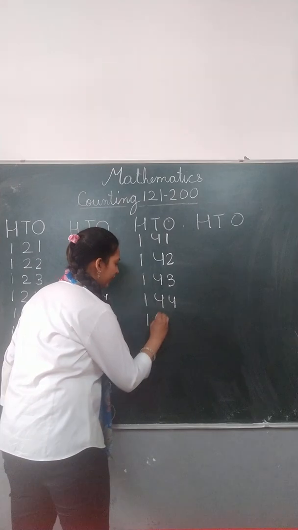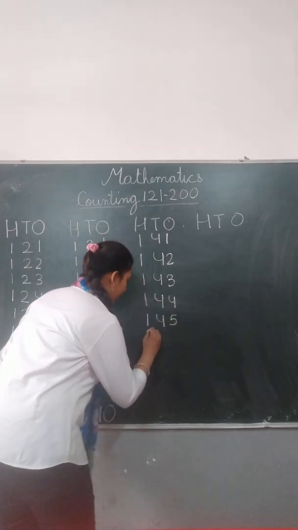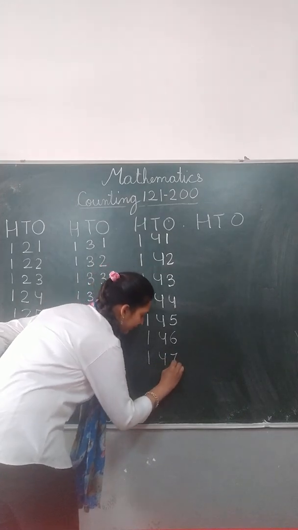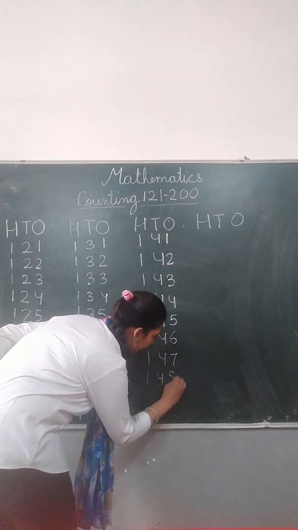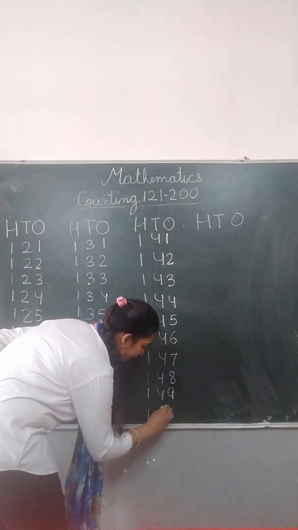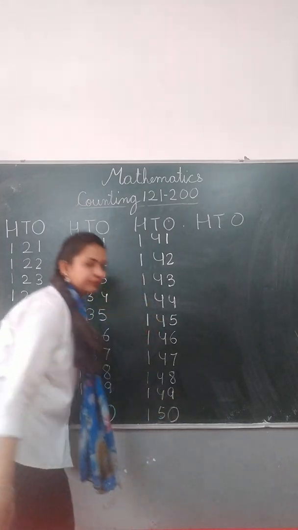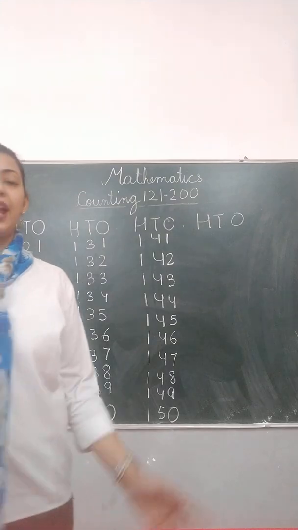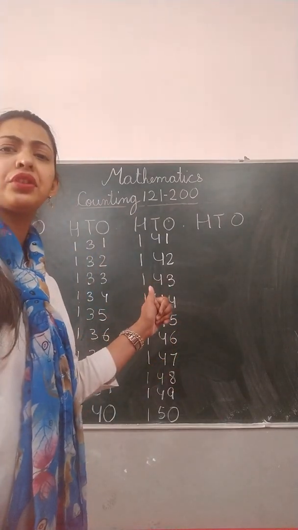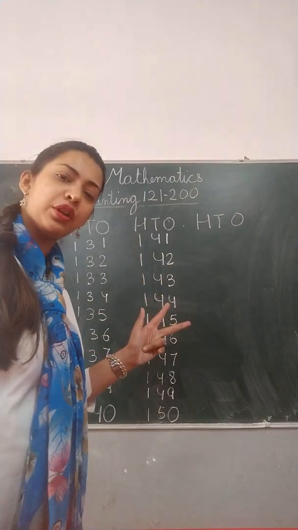144, 145, 146, 147, 148, 149, and then 150. See, I was speaking my numbers in the proper way, saying 141, 142, 143.